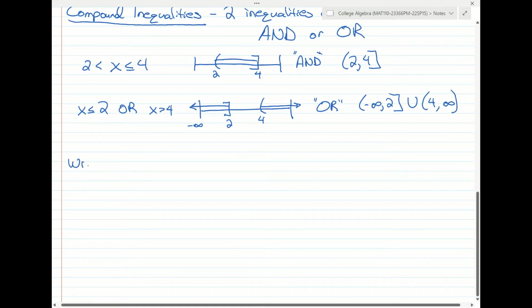What if I asked you to write an inequality for a graph with -1 here and a bracket going to negative infinity?